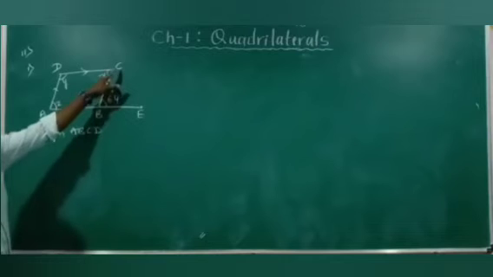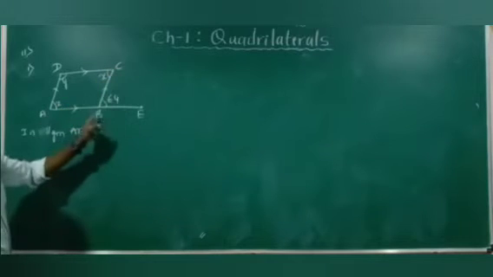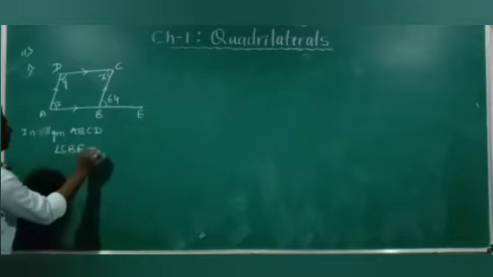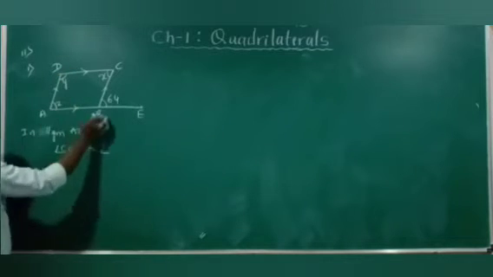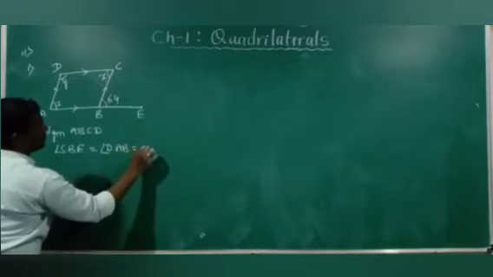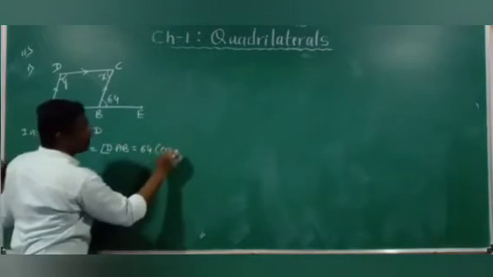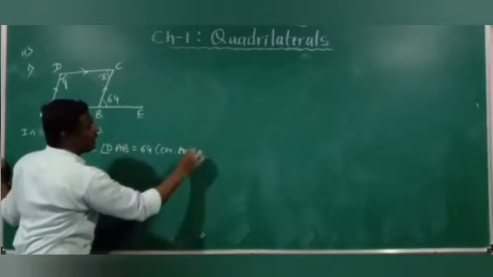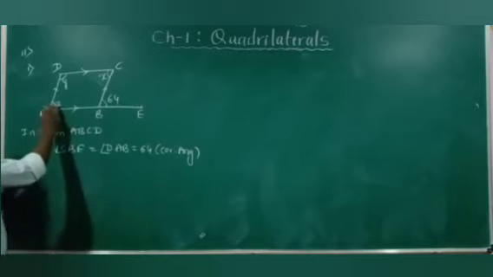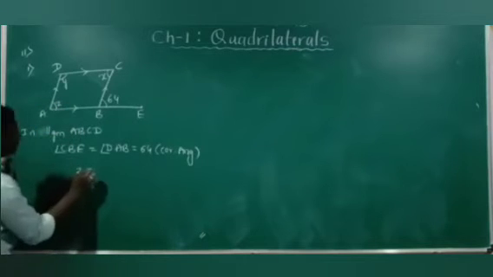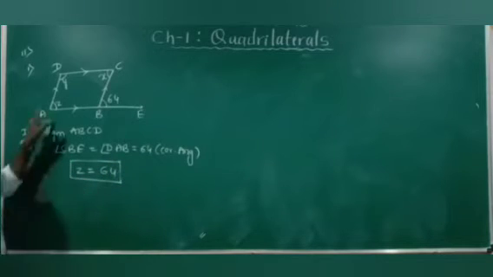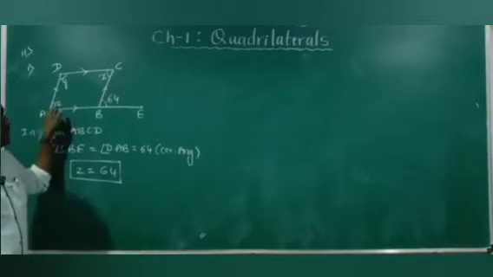Therefore, angle CBE is equal to angle DAB, which is 64, because these two are corresponding angles. Here DAB is nothing but Z. So Z is equal to 64.